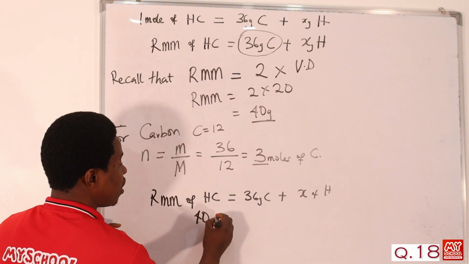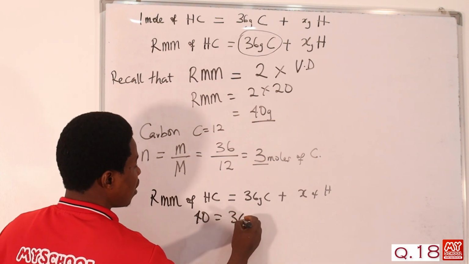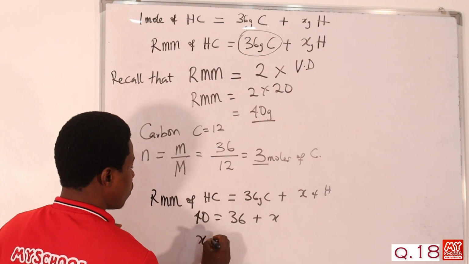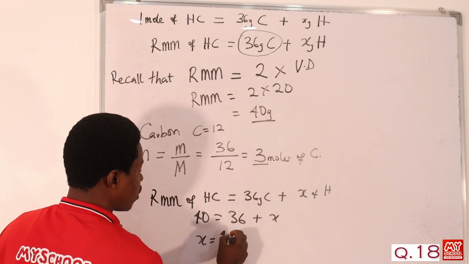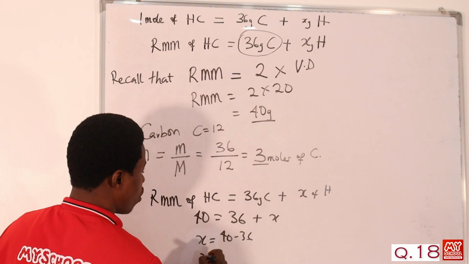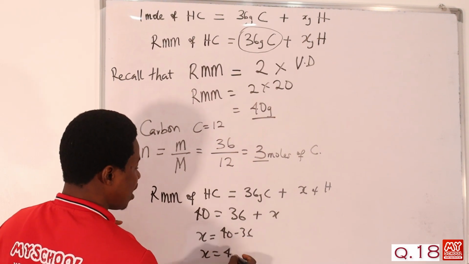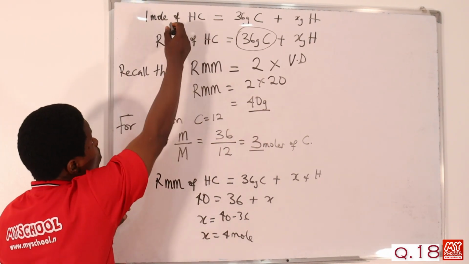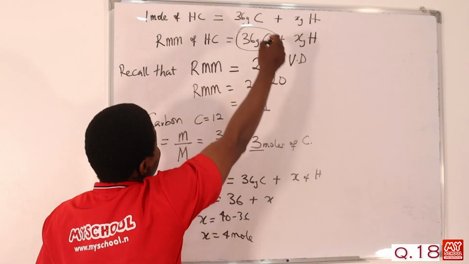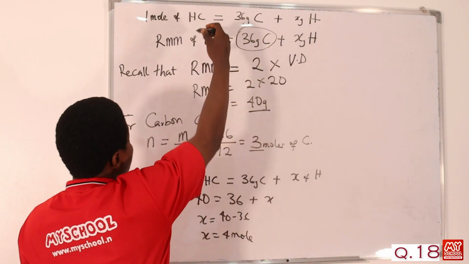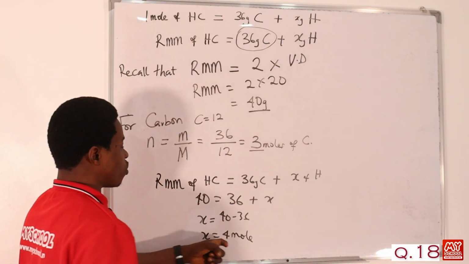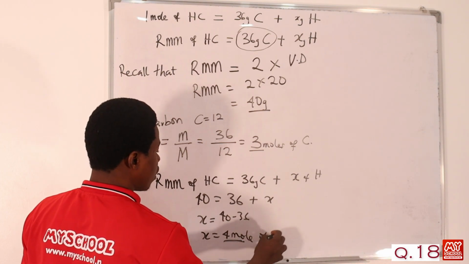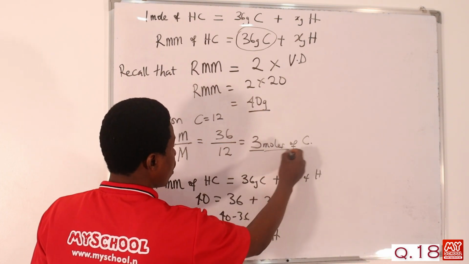So 40 will be equal to 36 plus X. So X is equal to 40 minus 36, which gives us 4. So this is 4 grams, or we can say it is 4 moles, because it is 1 mole of hydrocarbon that contains this 4 grams of hydrogen. So we have 4 of hydrogen, then we have 3 of carbon.